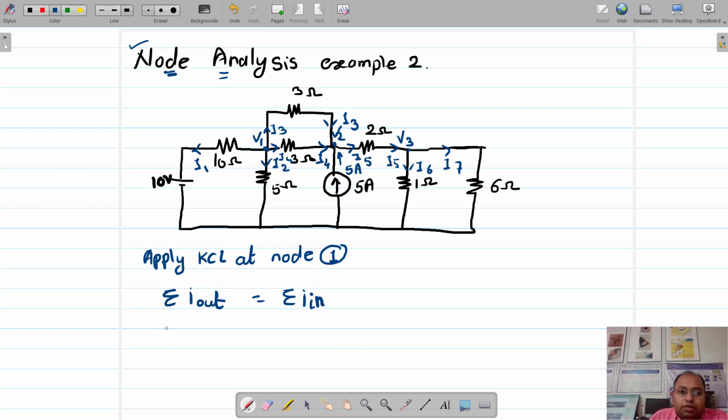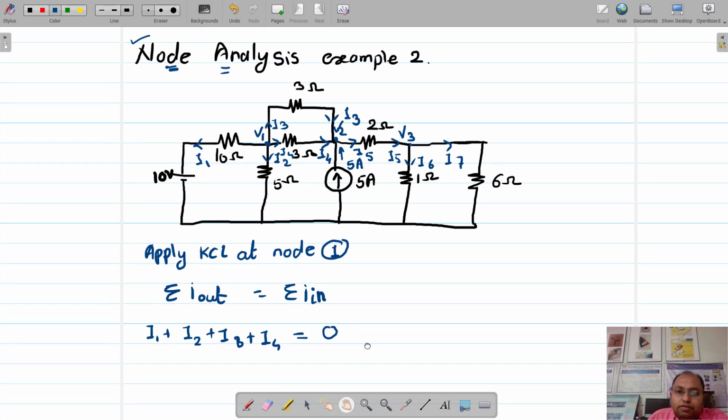All the currents for this particular junction, the V1 node, are leaving. So I can write I1 plus I2 plus I3 plus I4, and there is no incoming current, so it is equal to 0.